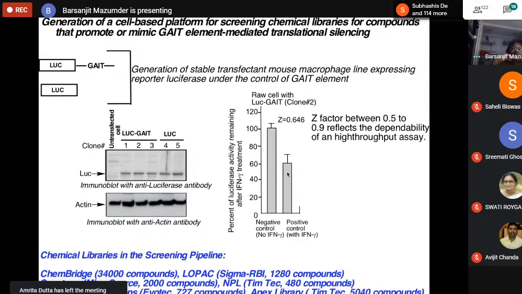And you can see that treatment with interferon gamma is the positive control that will induce GAIT element dependent translation silencing and inhibit the expression of the reporter gene.